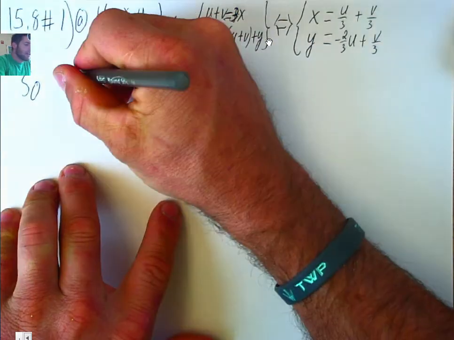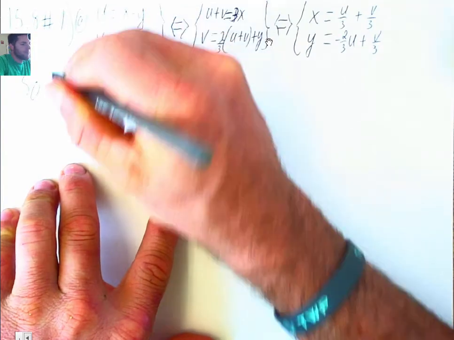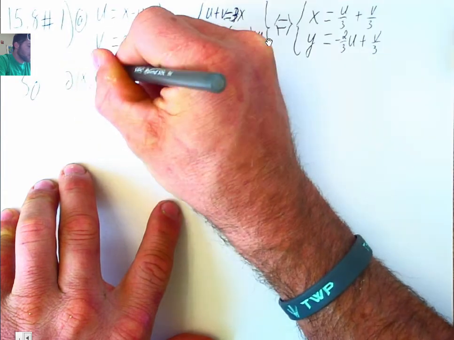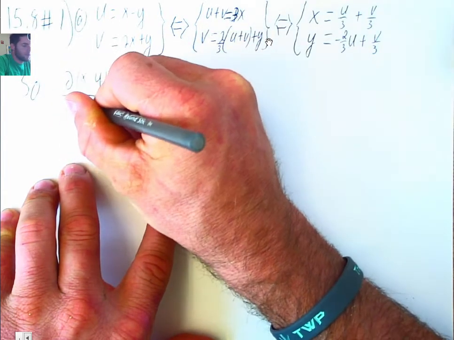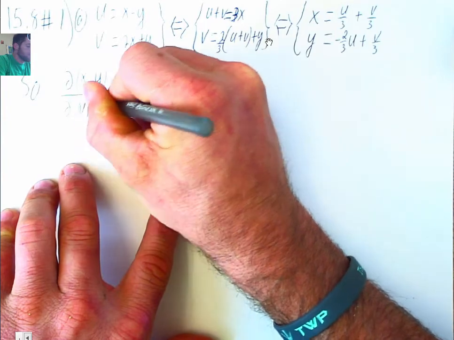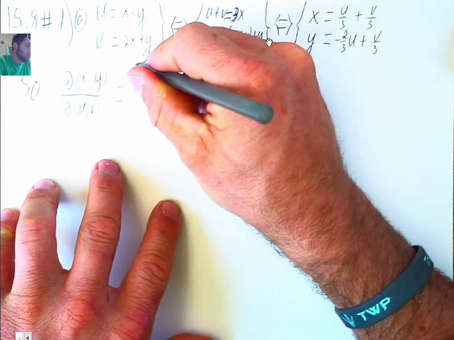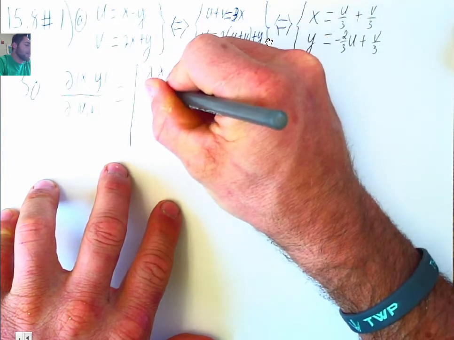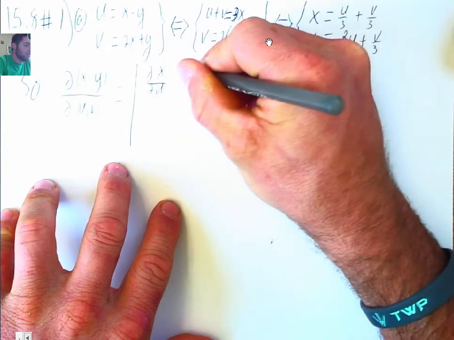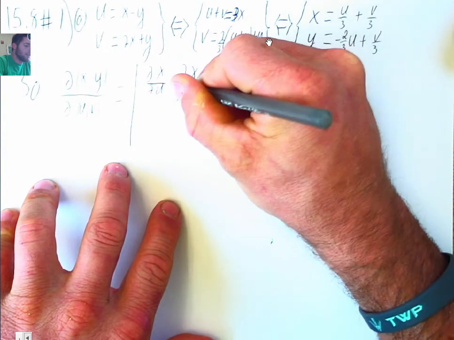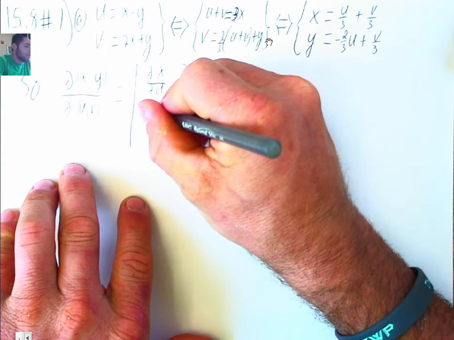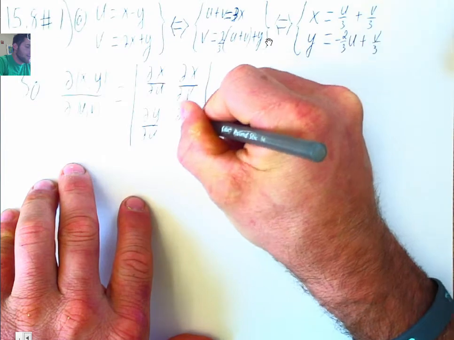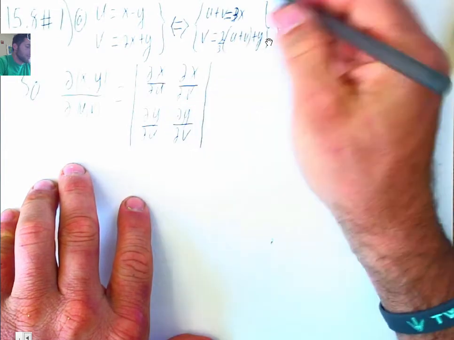Okay, so based on that, I'll say that the Jacobian, partial of the coordinates x, y with respect to the coordinates u, v, is meant to be the absolute value of the determinant of the matrix of functions dx/du, dx/dv, dy/du, dy/dv.